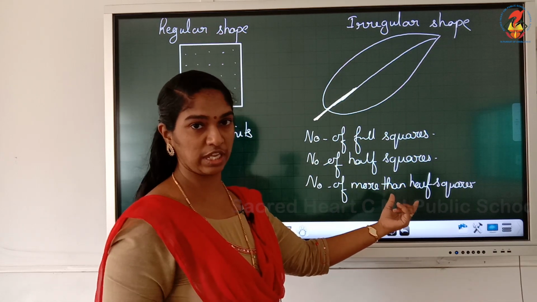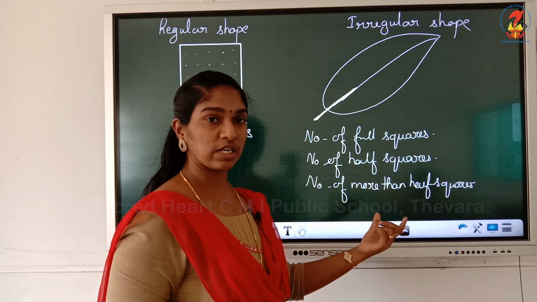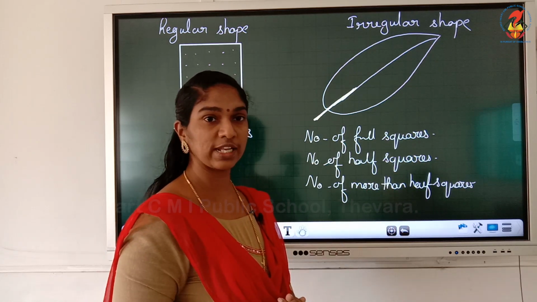Less than half squares we ignore, and we calculate all together.